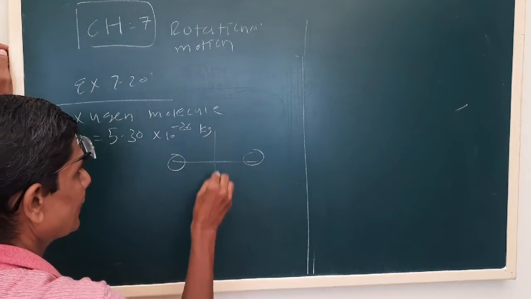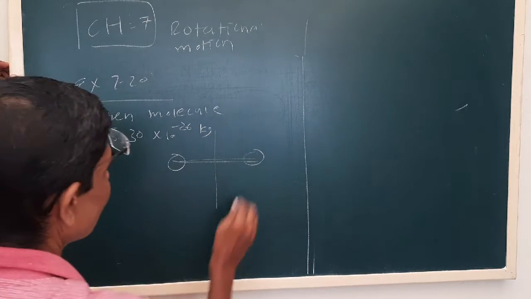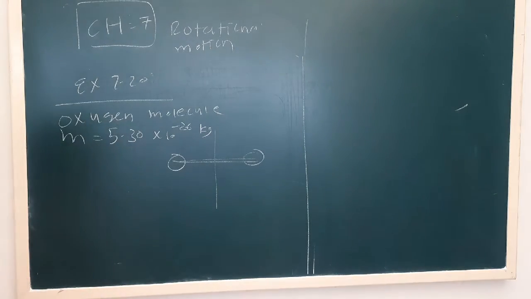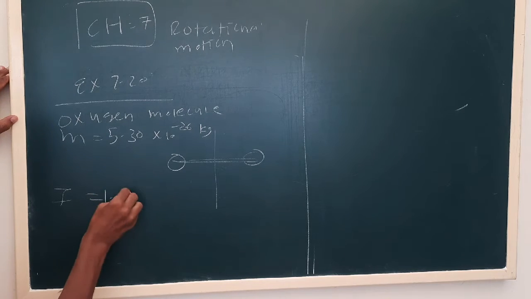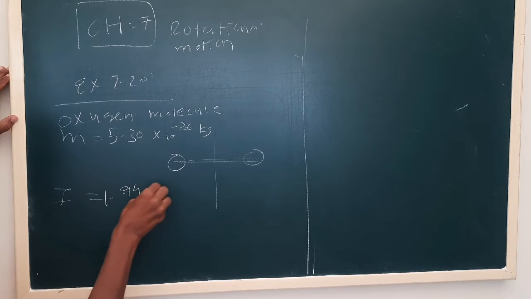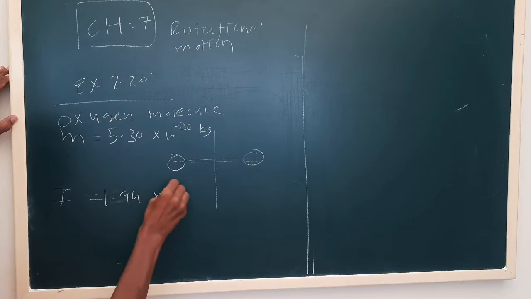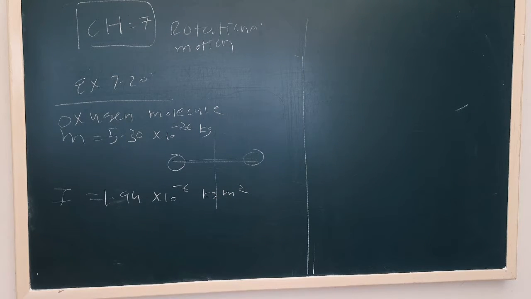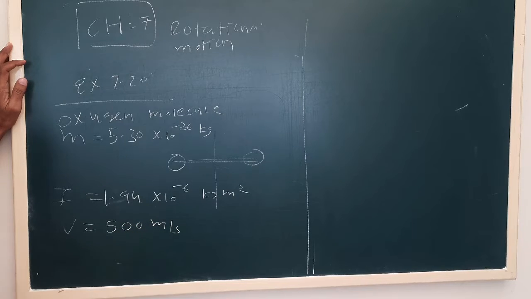We know it is diatomic, so the center of mass will be along the line joining the two. So the moment of inertia about an axis passing through the center of mass, we know it is denoted by I, is 1.94 into 10 to the minus 46 kg meter square. Now see, average speed, mean speed is given as 500 meter per second.